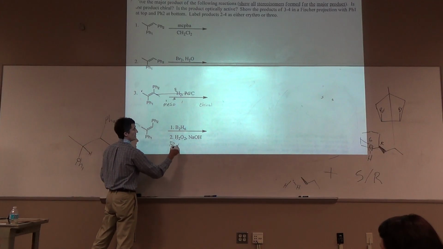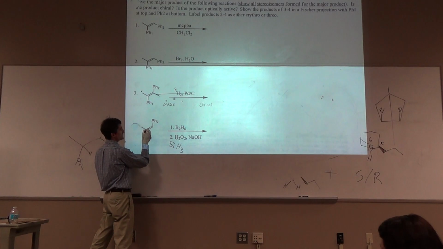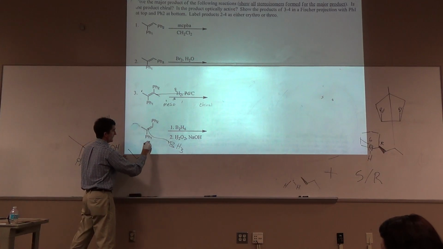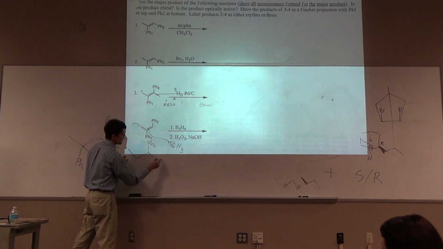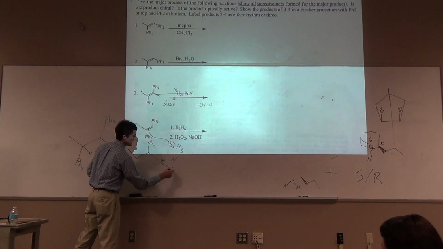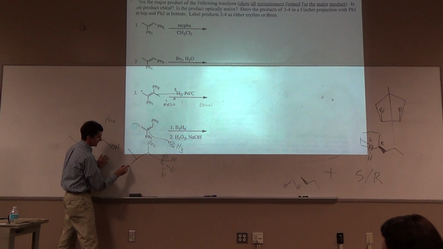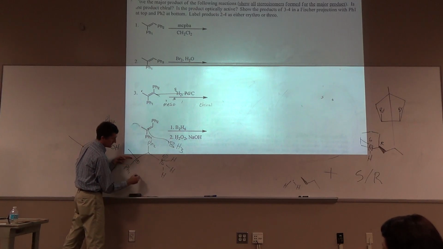Mechanistically, this attacks BH3. Again, I don't think I'm going to do stereochemistry here yet. BH3, so we got H, H, H, that's now minus. Phenyl 1, that's a cation. Is this really formed? No. What happens?